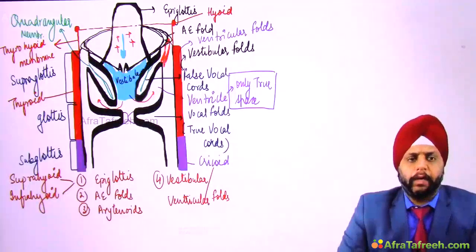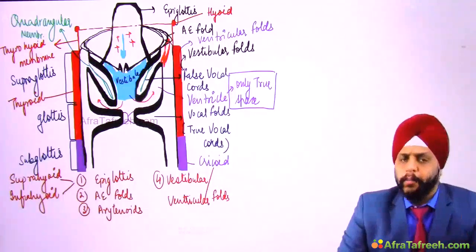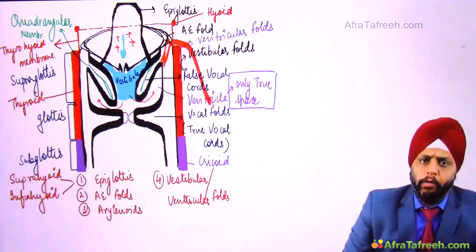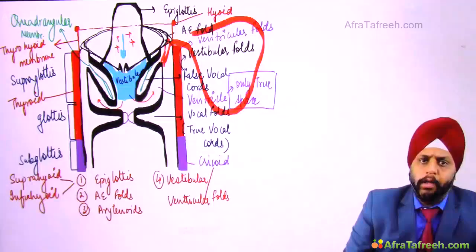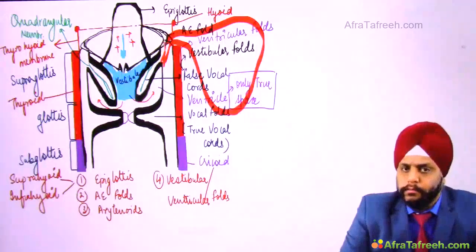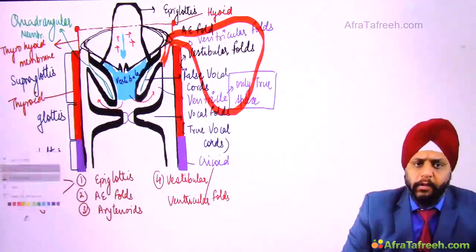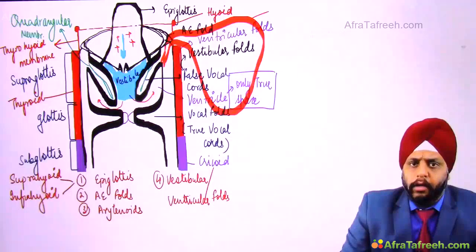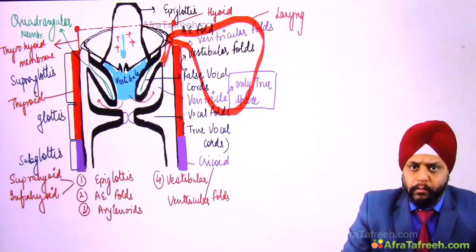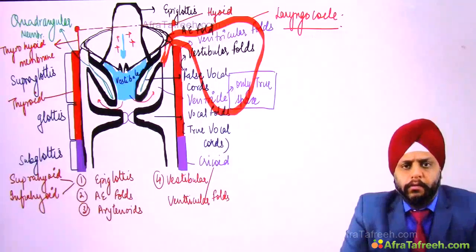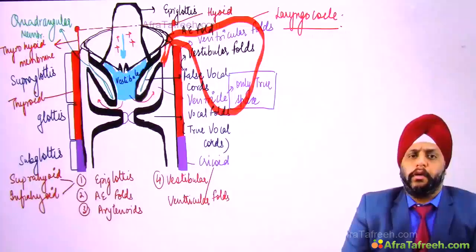What do we have over the thyroid cartilage? We have the thyrohyoid membrane. And then it comes out into the neck, forming a cystic swelling. This cystic swelling in the neck is known as laryngocele.